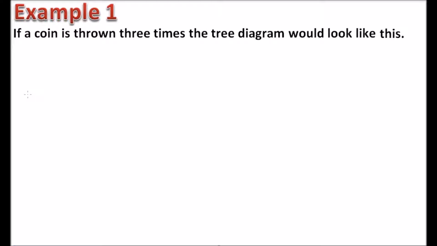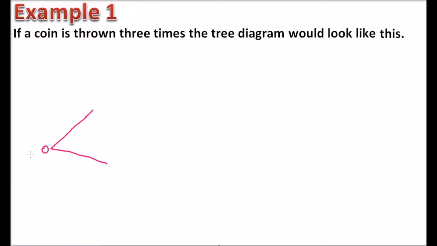So this is our example 1. If a coin is thrown 3 times, the tree diagram would look like this. If we toss a coin 3 times, we start with the first branch. You can put 0 here as a starting point, or it's not all that necessary.